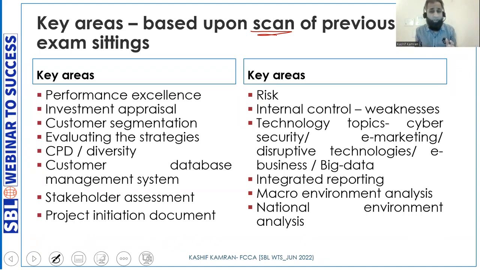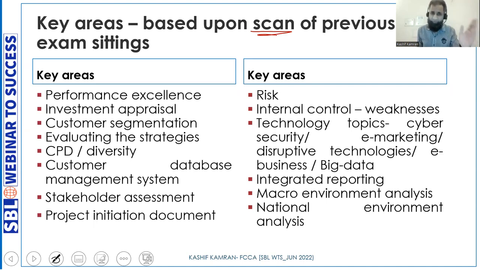These are not important topics, so don't take them that way, as the topics which we expect coming next week in our exams. No, not at all. This is just a scan of the previous papers, and in that scan, these are the frequently asked topics. And if some topics are frequently asked, there is a probability that you might even find them in your exam paper as well. So let's take it that way.